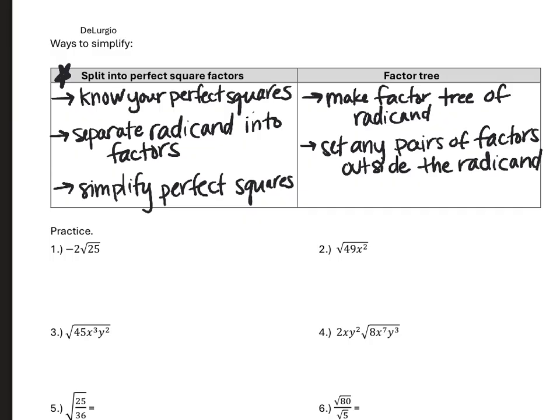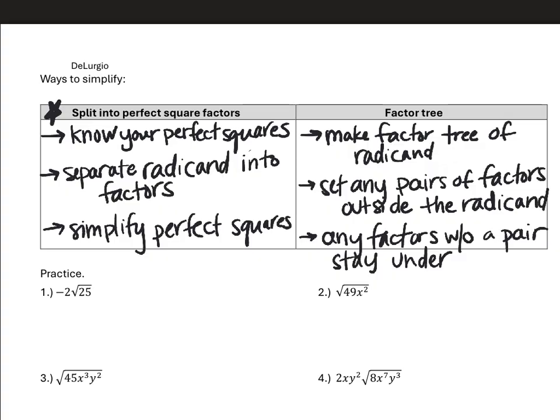So I'll show you both ways. Any factors without a pair stay under. So I'm going to do this up in the margin, and we'll just look at both ways.